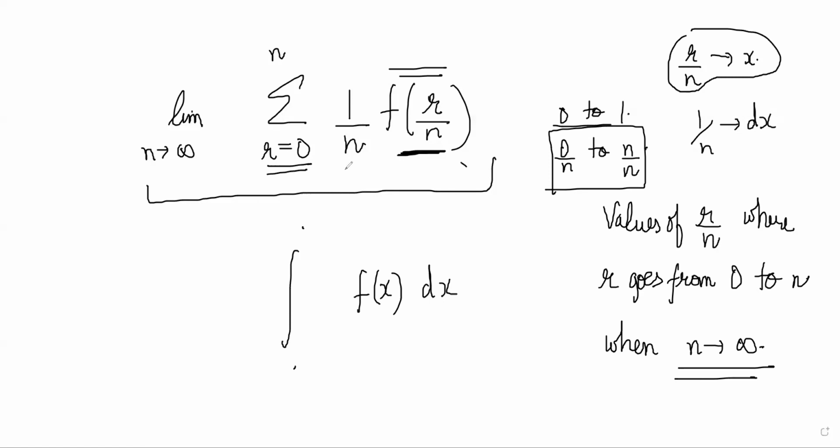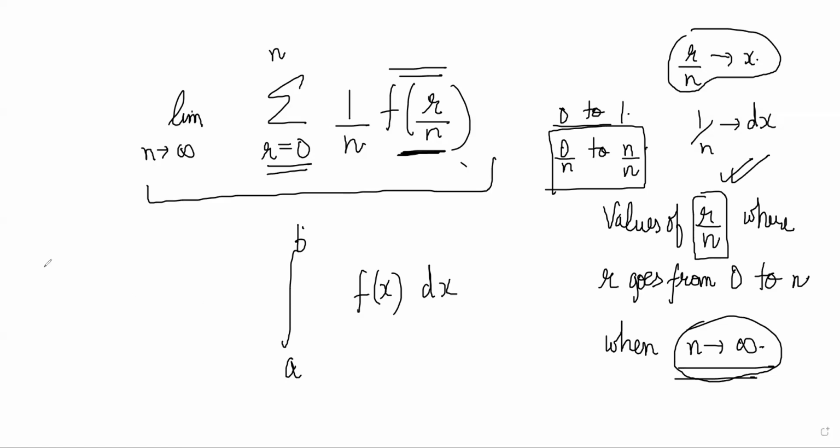But it could be different in different situations. Always, values of r by n will give us the lower limit and the upper limit. In this case, it is 0 to n. It could start from somewhere else. Correct? You will learn it only by solving questions.